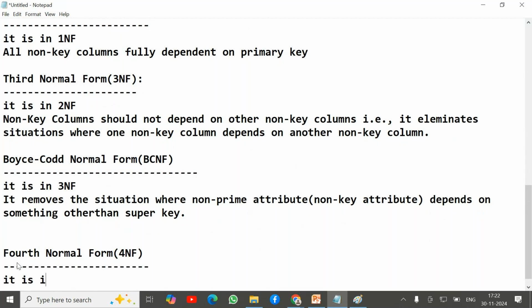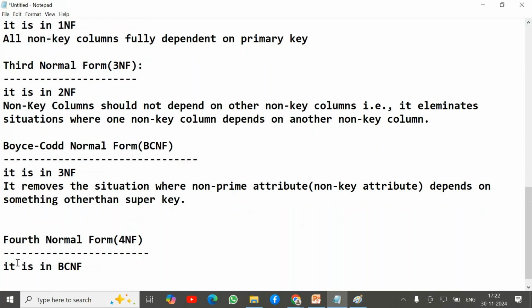Next, it has no multi-value dependencies. Now observing very clearly, here I am using tables: student table, phone table, and email table.